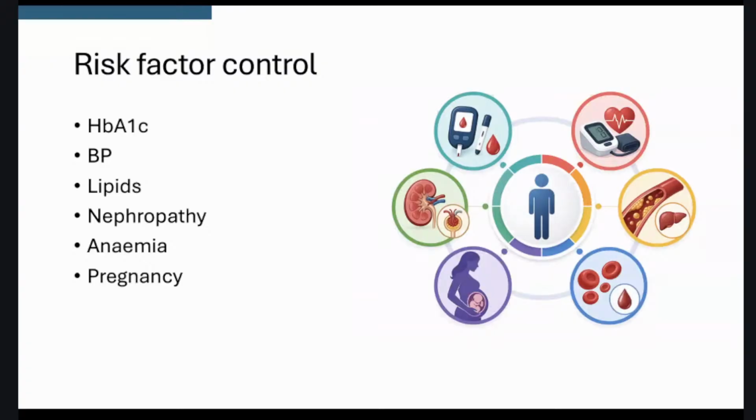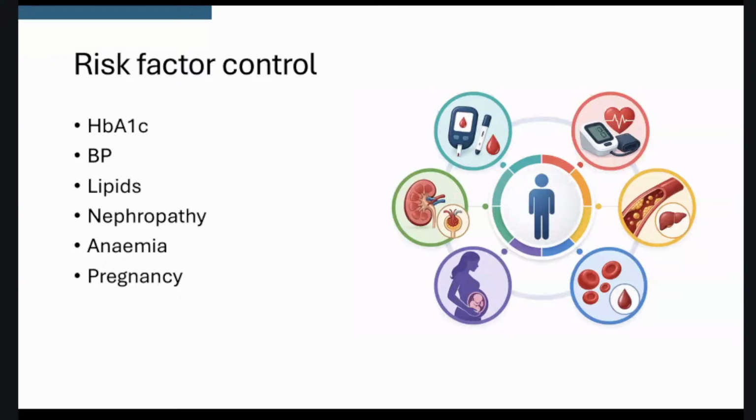So the first thing we need to consider in the management is the control of the underlying risk factors. As ophthalmologists, we're doctors, and we need to realize that we can't be treating the ocular disease in isolation. We have to be treating it as part of the systemic management of the disease.